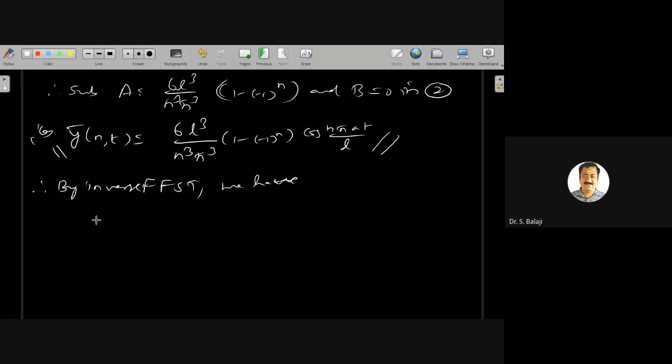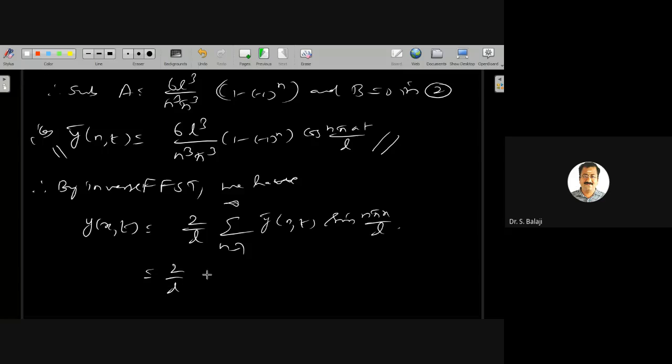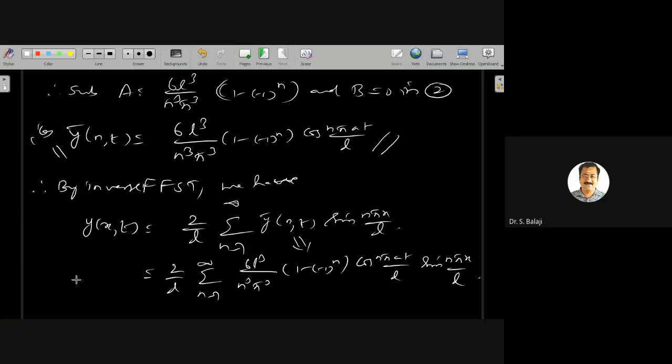By the inverse finite Fourier sine transform, we have y of x comma t can be written as 2 by L summation n equal to 1 to infinity y bar of n comma t sin(n pi x by L). That is 2 by L summation n equal to 1 to infinity, y bar of n comma t is here 6L cube by n cube pi cube times (1 minus (minus 1) whole power n) into cos(n pi a t by L), into sin(n pi x by L). This will be your solution.